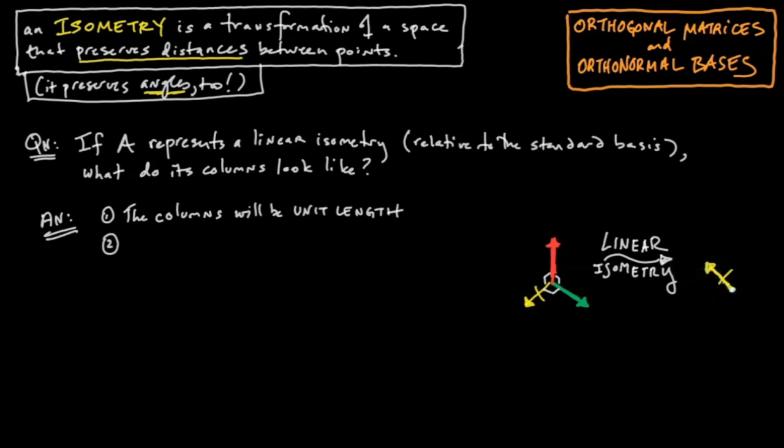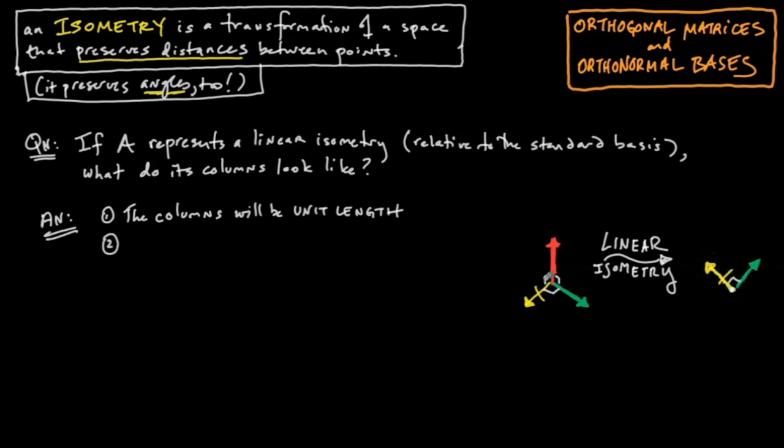There are still infinitely many places it could lie, but now it can't be any one of those vectors whose tip is on that unit sphere. It would specifically have to be the ones that lie on a particular great circle of that sphere, the one whose plane is perpendicular to the image of i hat. So let's just say that j hat gets mapped to one of these vectors that is unit length and perpendicular to the image of i hat.